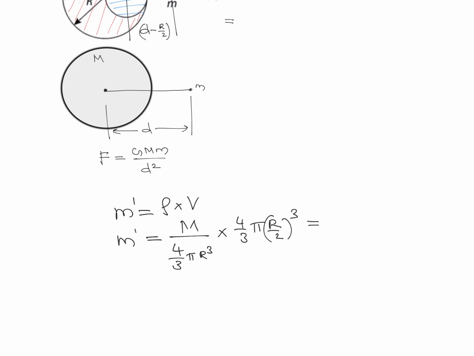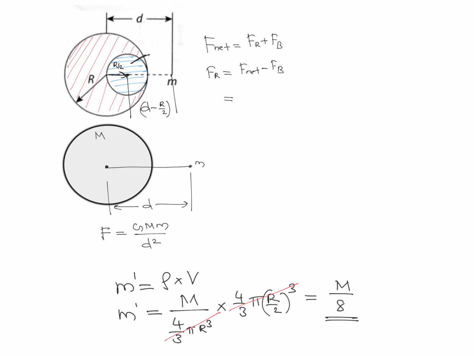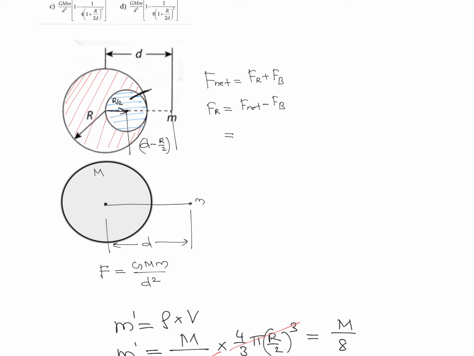The 4 by 3 pi r cube cancels, and the cube of 2 is 8. So the mass of the removed portion is m divided by 8.